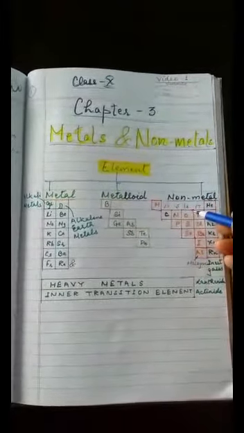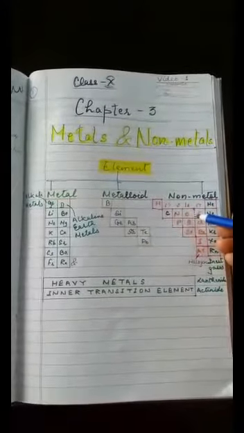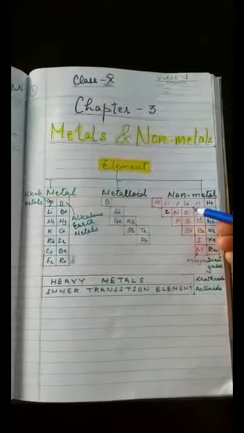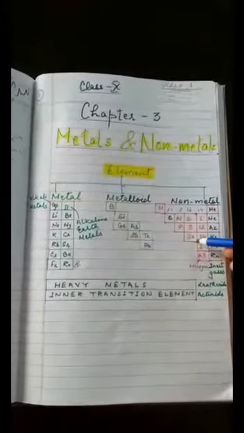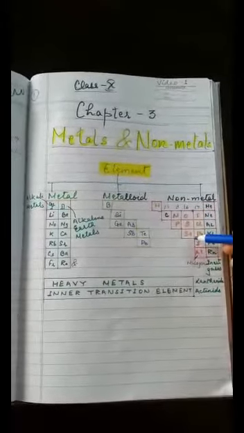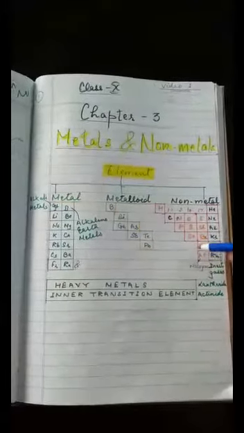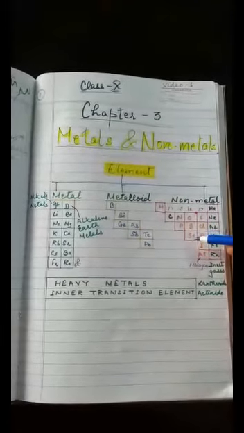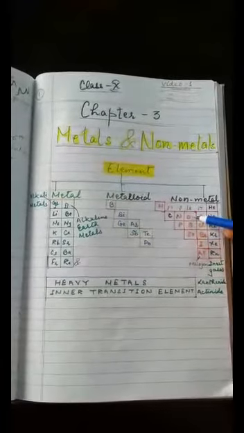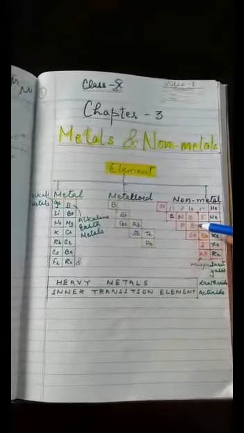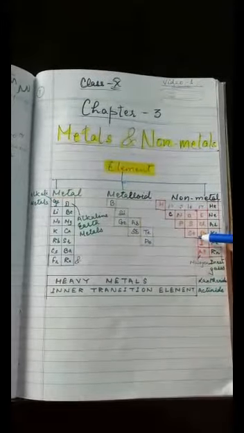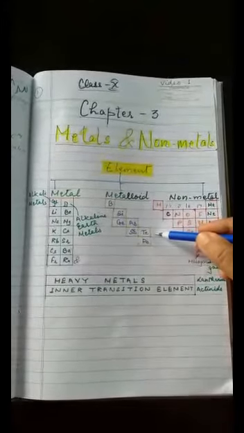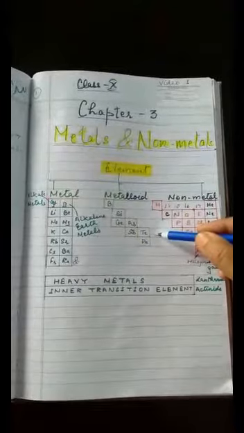Group 16 elements, which are called chalcogens, are oxygen, sulfur, selenium, tellurium and polonium. But tellurium and polonium are metalloids.